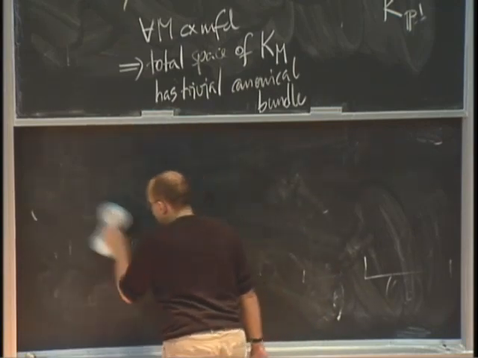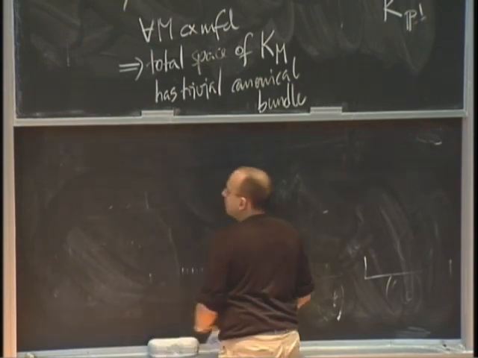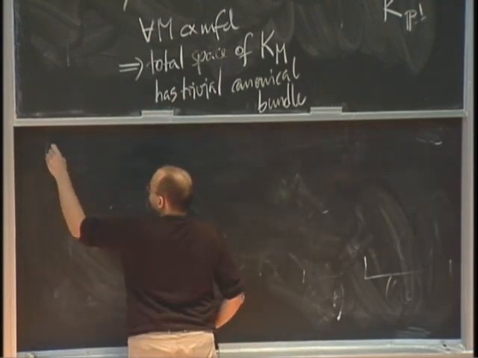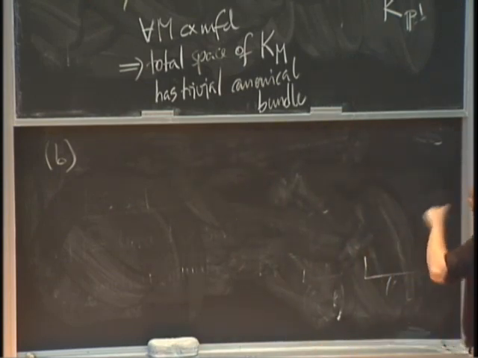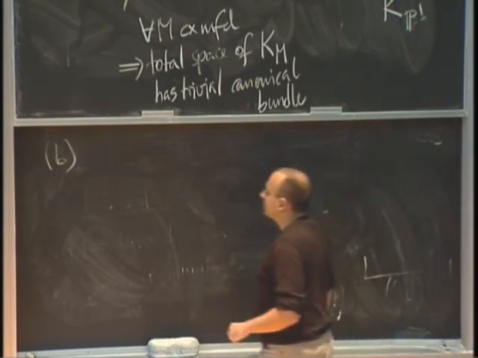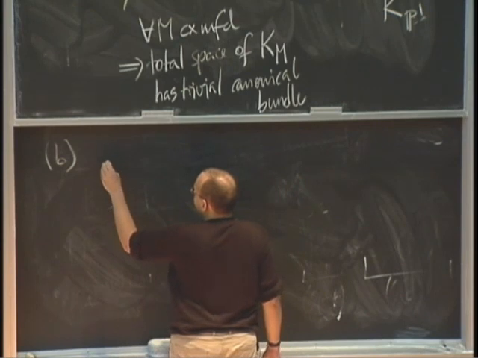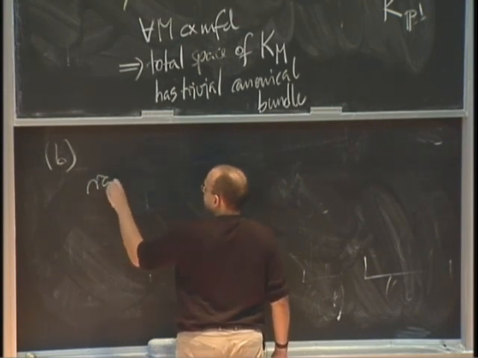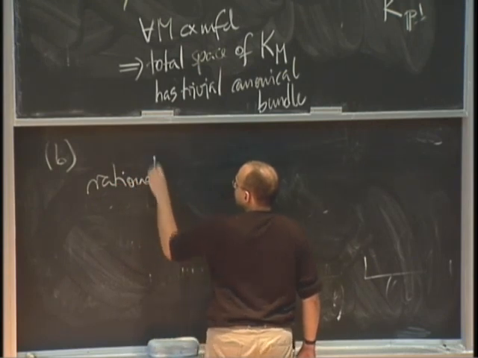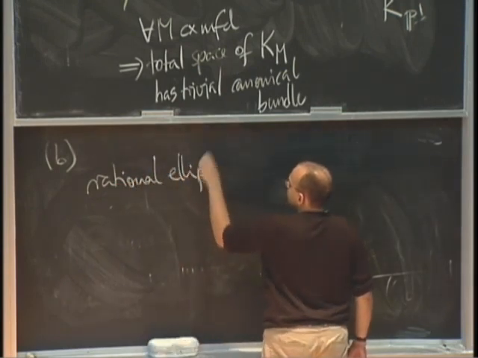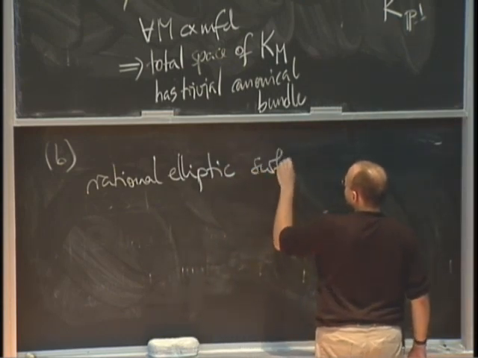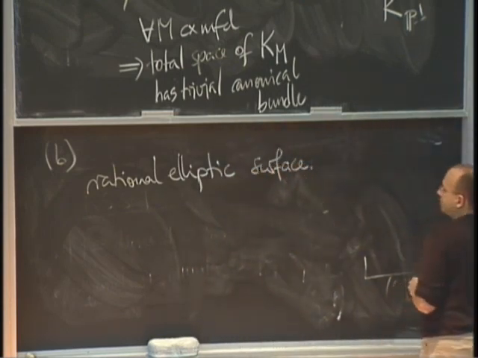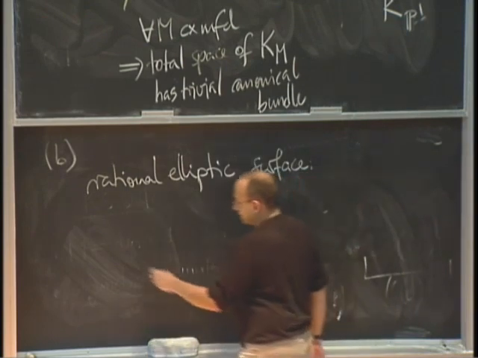And then here, I'll give you another example in similar spirit, slightly more complicated. So if you start with a rational elliptic surface, the guys that were introduced on Monday.